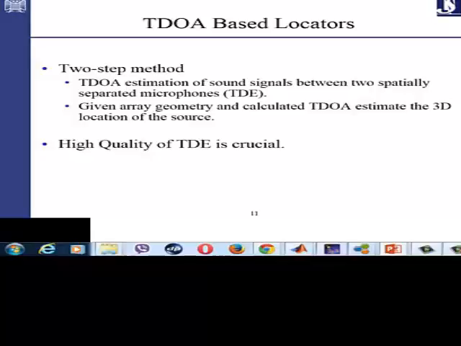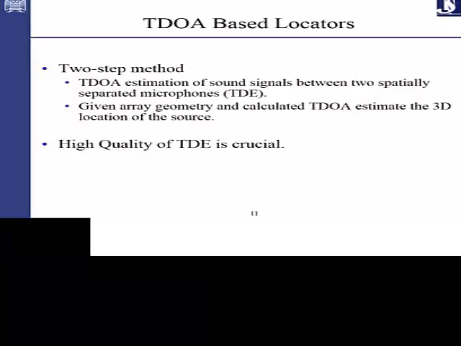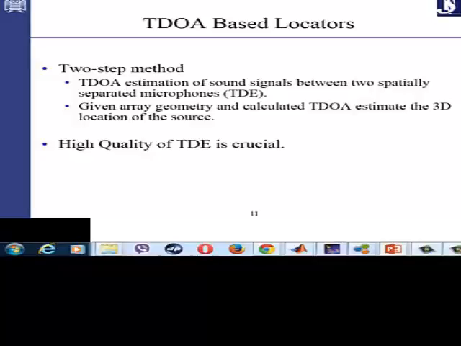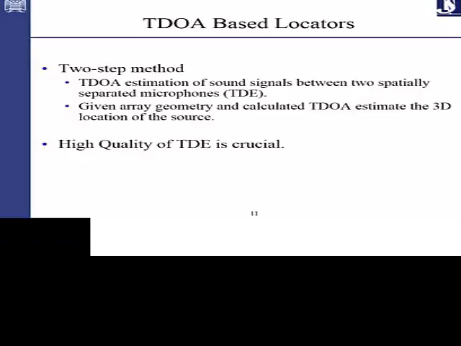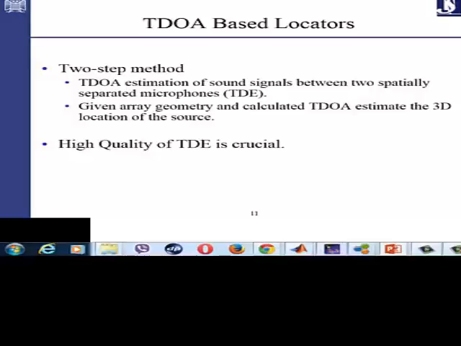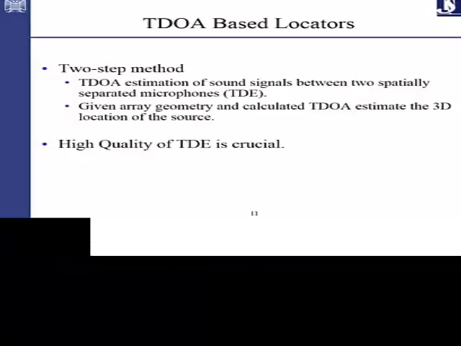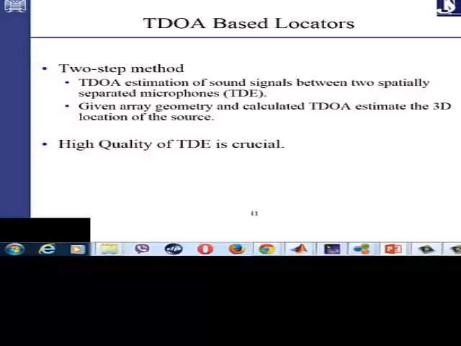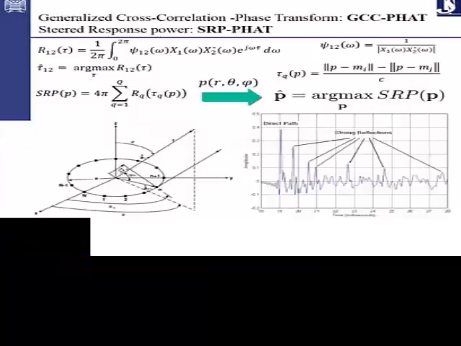So time difference of arrival locators normally contain two steps. One of them is TDE, or estimation of the time difference, and then based on the array geometry, you can solve a simple optimization problem, and based on the optimization problem, you can find the location of the signal. Okay, so I'll stop in this slide.